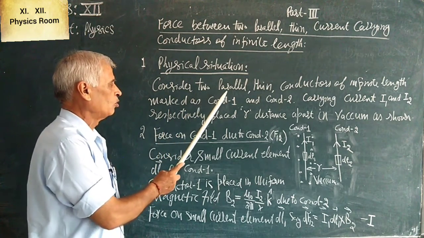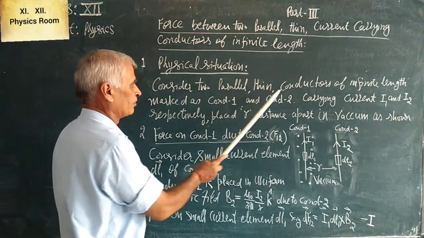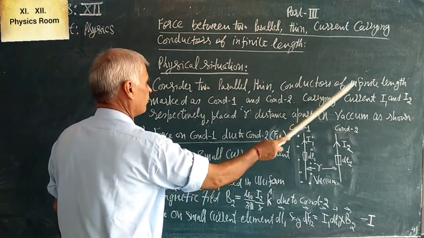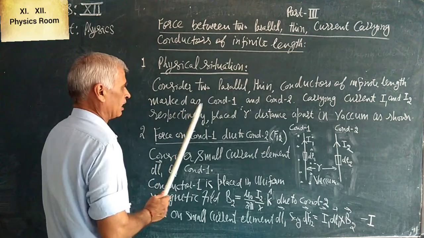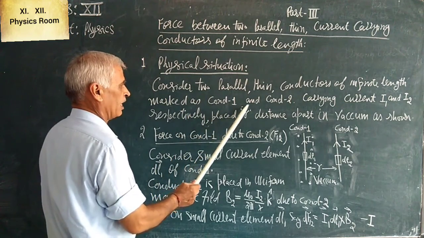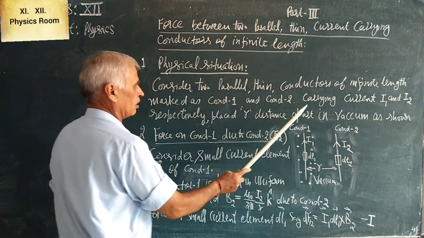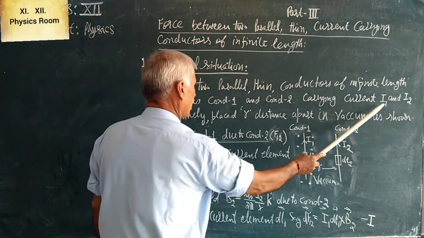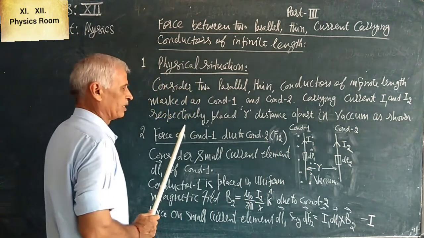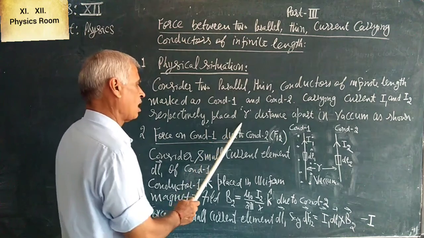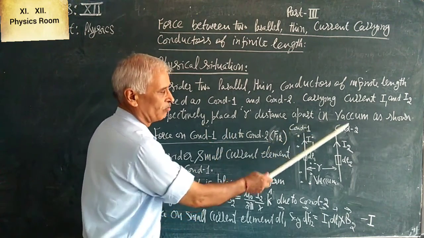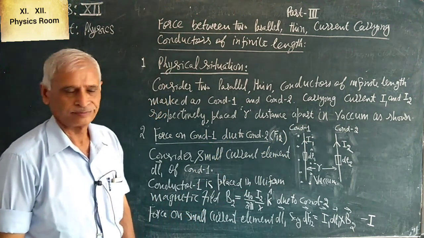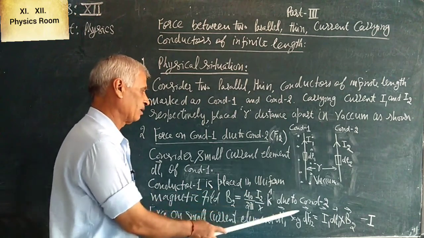Consider two parallel thin conductors of infinite length marked as conductor 1 and conductor 2, carrying current I1 and I2 respectively, placed r distance apart in vacuum as shown. Now see the diagram.